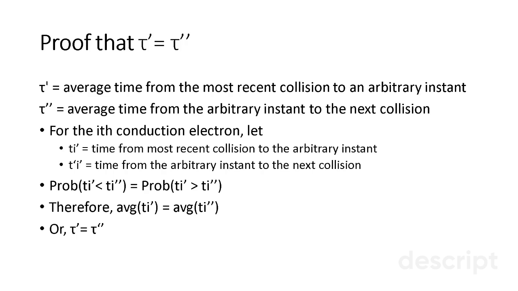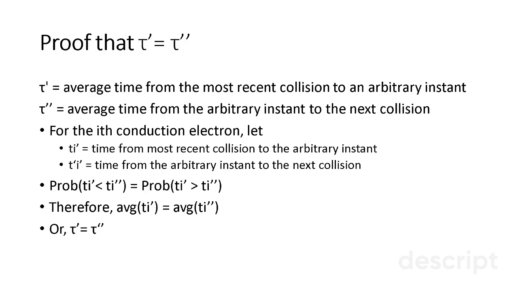For the ith conduction electron, suppose Ti prime is the time interval between the most recent collision of the electron with an ion and the arbitrary instant, and Ti double prime is the time interval between the arbitrary instant and the next collision of the electron with an ion.